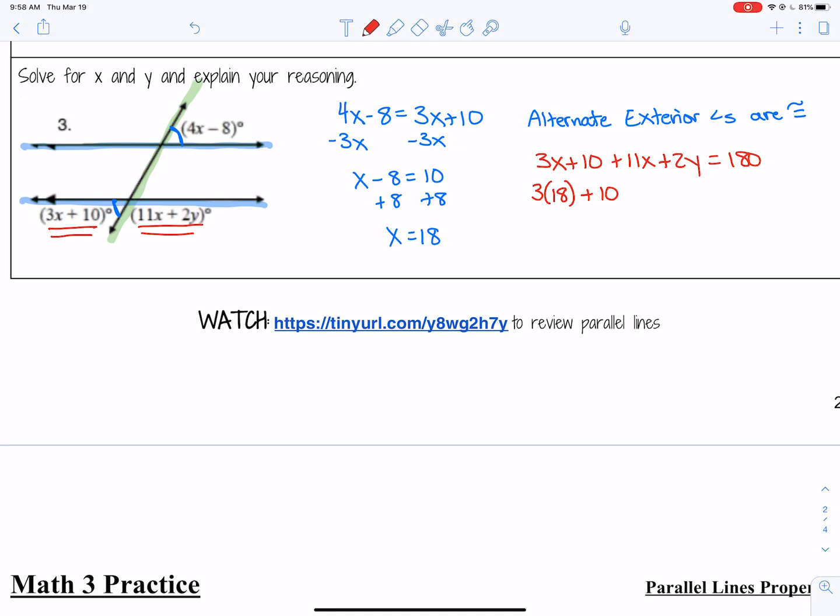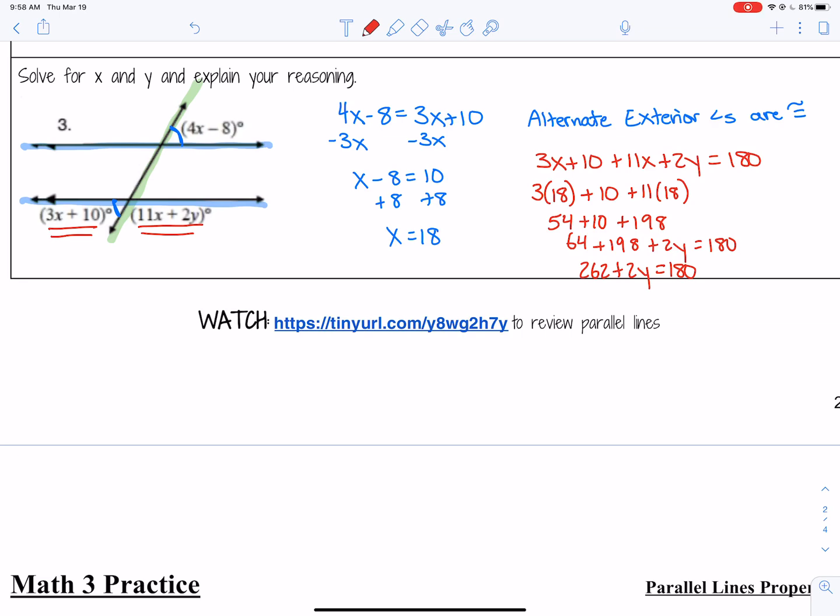Let's see. So 3 times 18 will give us 54, plus 10 is 64. We have 11 times 18, which is just 198, plus 2y equals 180. All right, so 64 plus 198 is just 262.